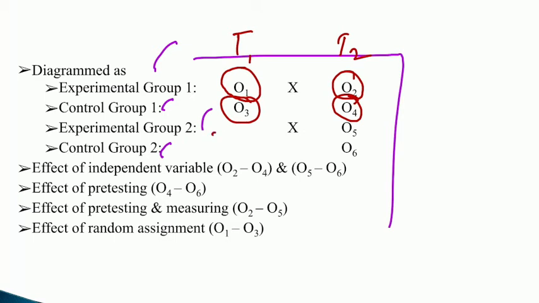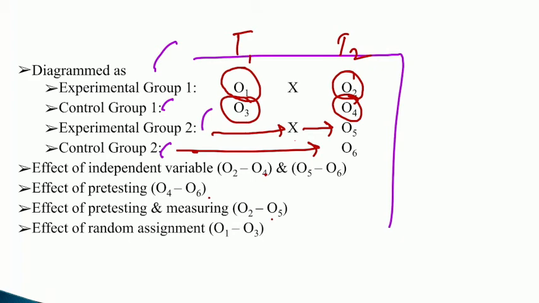Then in experimental group 2, we directly have the experiment, intervening with the treatment and then the observation, and in the control group directly the observations. The different formulas are given in this slide: the dependent variable, the pre-testing, pre-testing and measuring, and random assignment. The difference is taken, and this difference will help give a better understanding of the experimental design, and the researcher will be able to give accurate results.